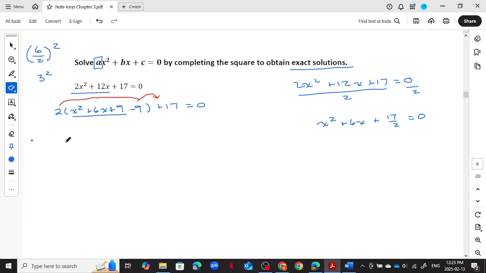In other words, you'll have 2 times x squared plus 6x plus 9, and then you're going to have 2 times -9 on the outside with that plus 17. You end up with 2 times, now this is going to factor to x plus 3 all squared, and then we have minus 18 plus 17 is minus 1 is equal to 0.